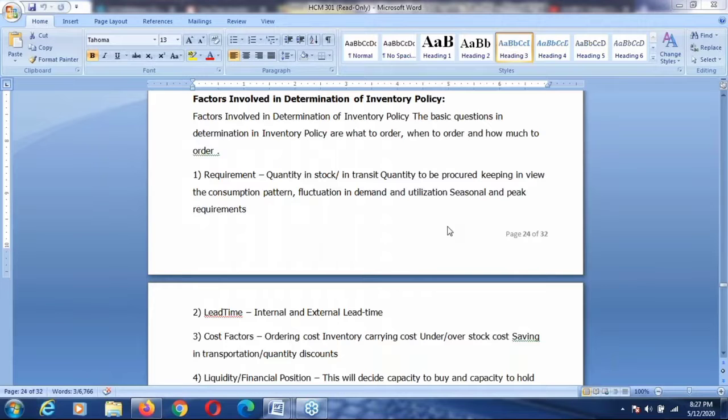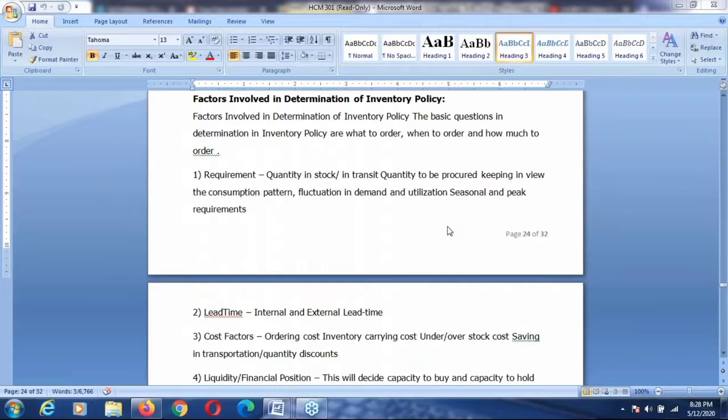Are you following? When you are bringing up a policy on inventory, some of the factors you will need is number 1, requirements.